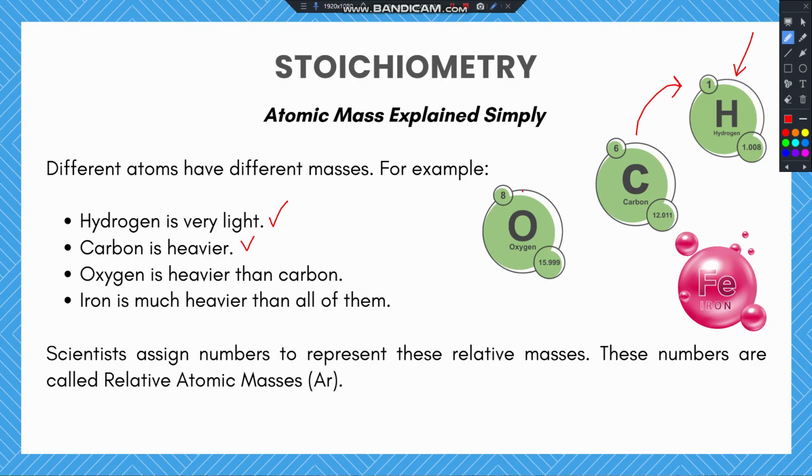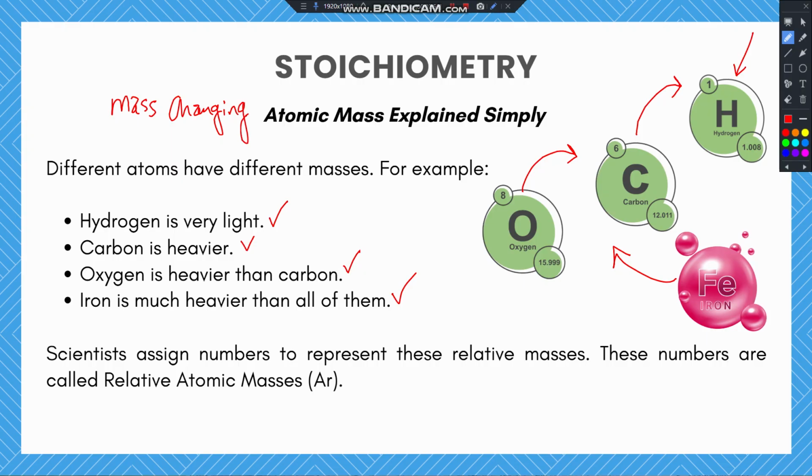And oxygen is another element that's heavier than carbon. And then finally, iron is much heavier than all of them. So you can see that as we progress from one atom, one element to another, the mass is changing. The mass is changing because the elements are also changing.